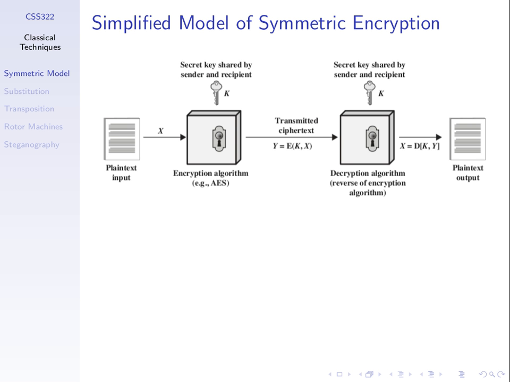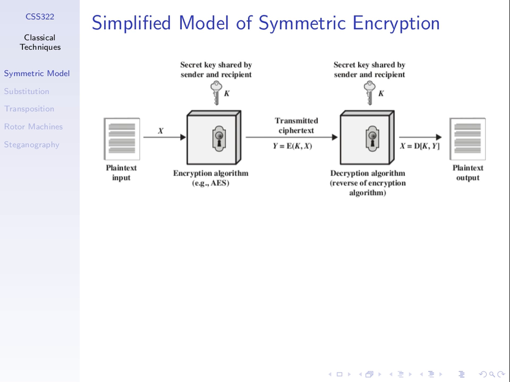They perform some transformation. They apply the encryption algorithm using the key, some information that they know. And then they send that ciphertext across the communications network. It's received by the recipient. The recipient decrypts using a decryption algorithm, using a key as input, and gets the original plaintext out as the output. That's the idea.